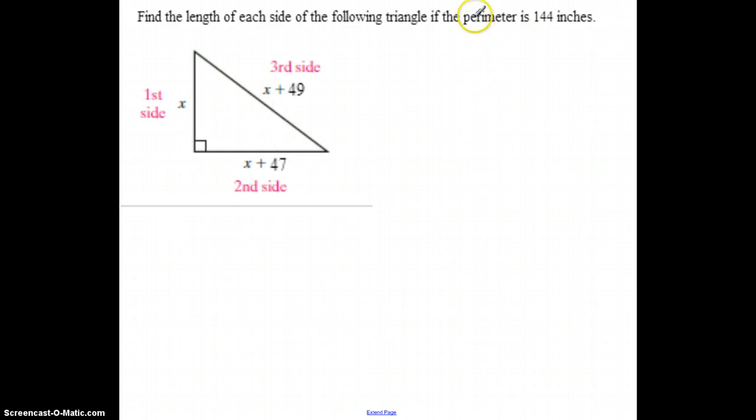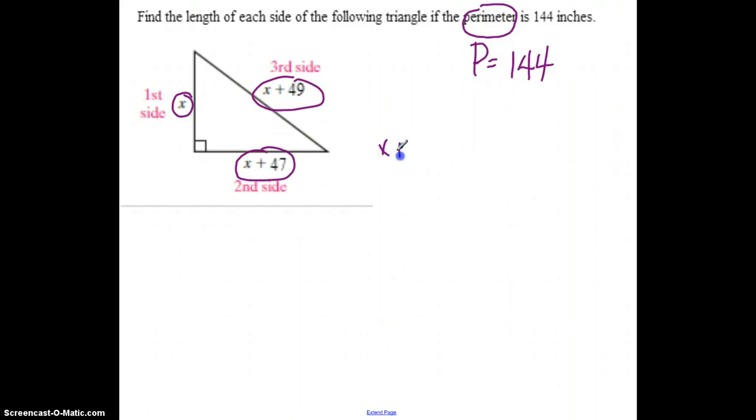Okay, now, perimeter. Perimeter is a distance around. And they're saying that the perimeter on this one's 144. So if I were to add all three of these sides together, I should get 144. So these three would be 3x.